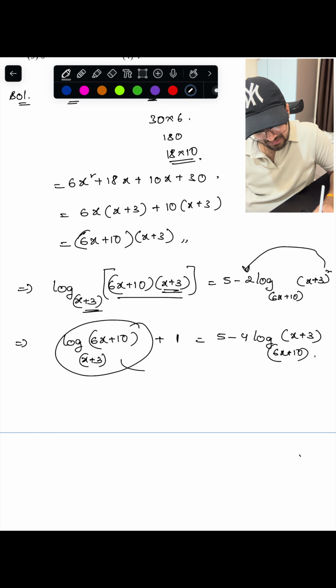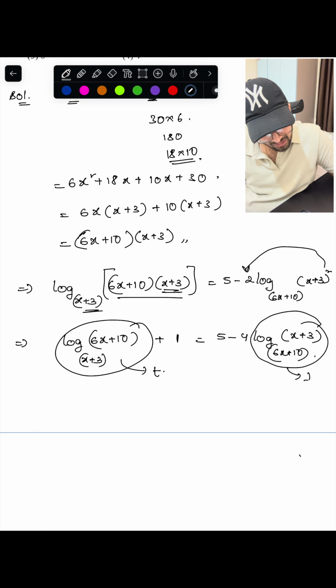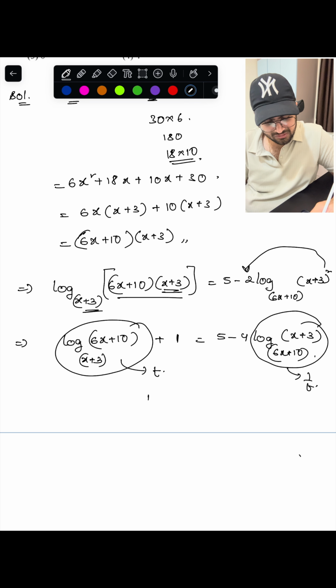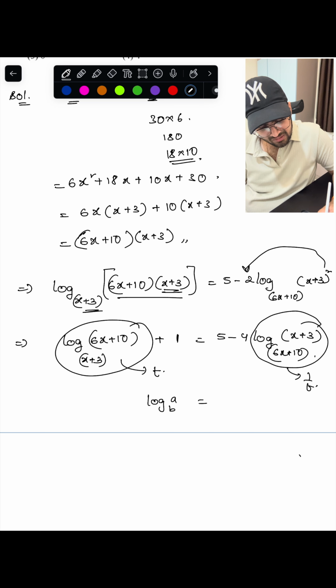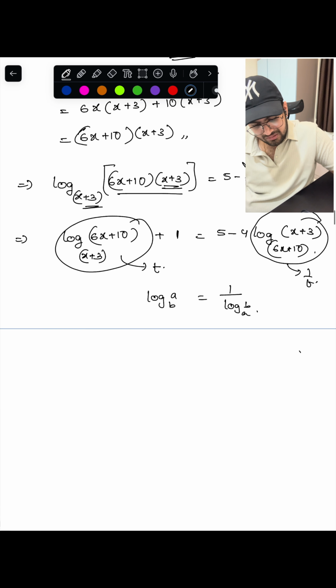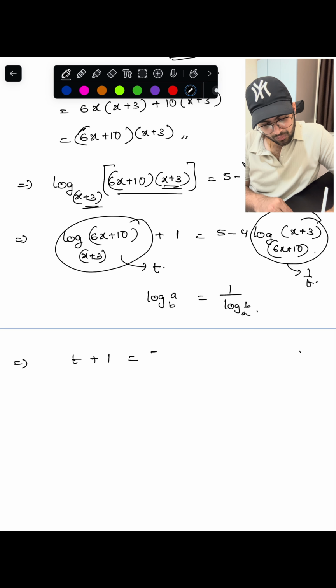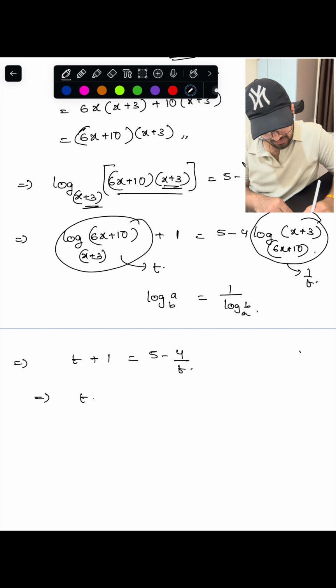Now if I take this one as t, this will become my 1 by t, because log a to the base b is equal to 1 by log b to the base a, right? So I am applying that. So what I will be getting, t plus 1 equals 5 minus 4 by t. So t plus 4 by t equals 4.